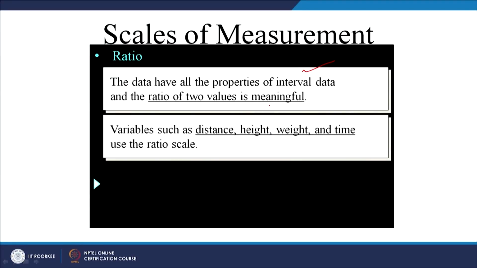The data have all the properties of interval scale, and the ratio of two values is meaningful in case of ratio scale. So, we measure variables like distance, height, weight, income, number of houses, let us say number of family members. All these are ratio scales, because in ratio scale your 0 point is fixed.